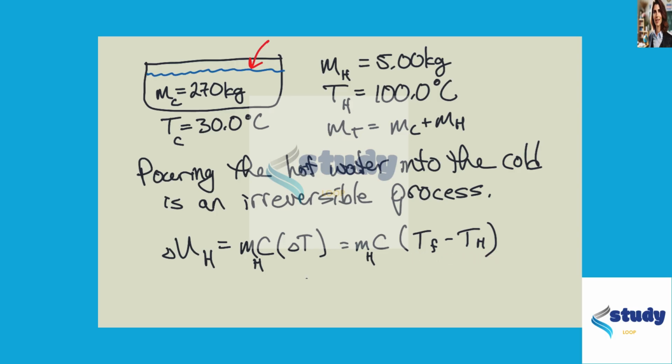So it's initially at 100 degrees C, and the final temperature is what we're trying to determine. The change in internal energy of the cold water is the mass of the cold water times the heat capacity times the temperature of the cold water minus the final temperature that we're trying to determine.